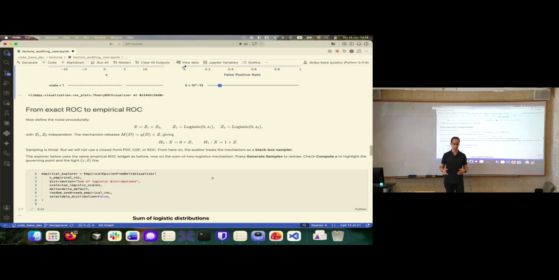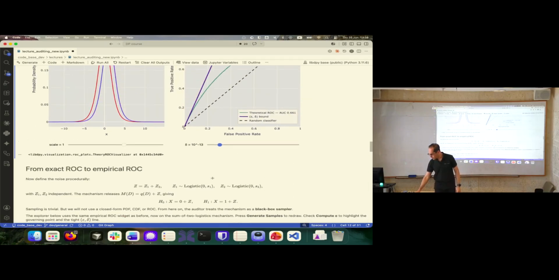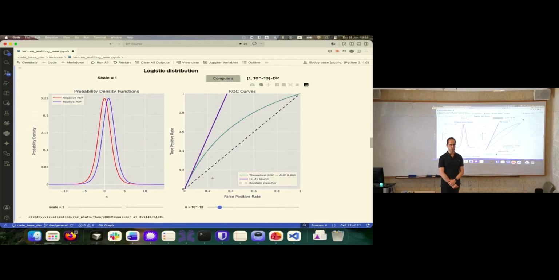If I added Laplace noise twice, well, it's not another Laplace, but the convolution again has some closed form expression. But not every pair of distributions does. Even for logistic, if they had the same scale, I think they have some expression, but if they're two different scales, there's nothing you can say. The distribution exists, it's well defined, but if you want to know the PDF or the CDF at any given point, the only thing you can do is compute an integral. So how do we have a chance to reason about such a distribution?